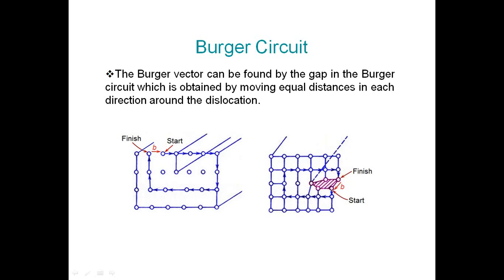Here it is starting, and equally we are moving, with equal lengths on the parallel sides, one step at a time. Finally it finishes here, but it is not closed. When there is a defect, it will be like this, so there is no closed loop. If it is a perfect crystal structure, the loop will be closed perfectly.